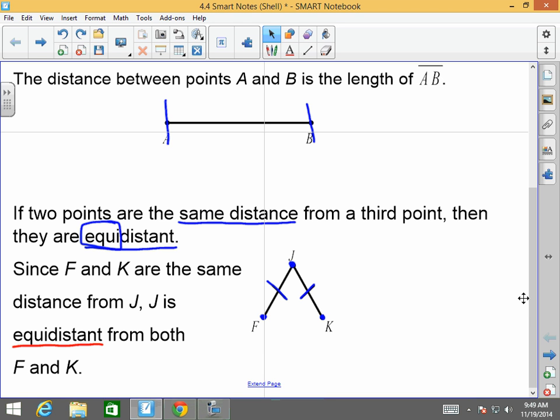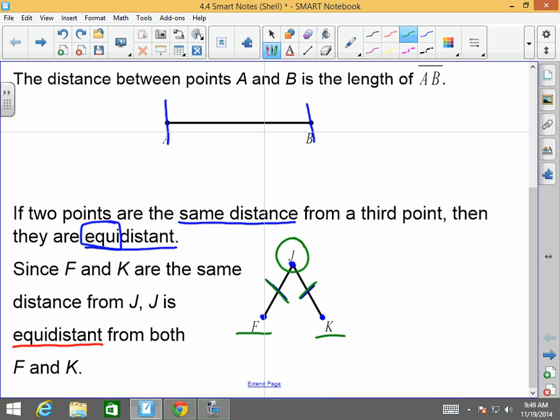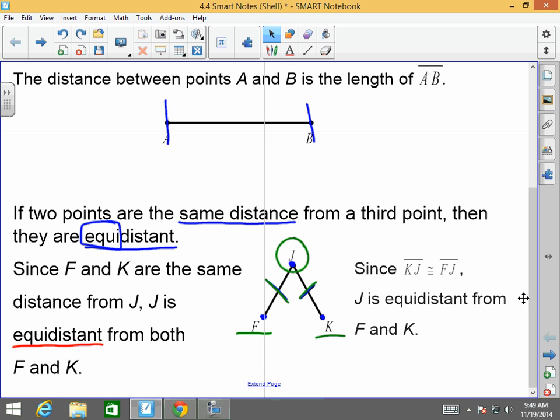They will give you the tick marks, or they will say J is equidistant from F and K. If they tell you J is equidistant from F and K, you know that JF is congruent to JK because J is the same distance to both F and K. As far as proof or geometry goes, we would look at it like this.